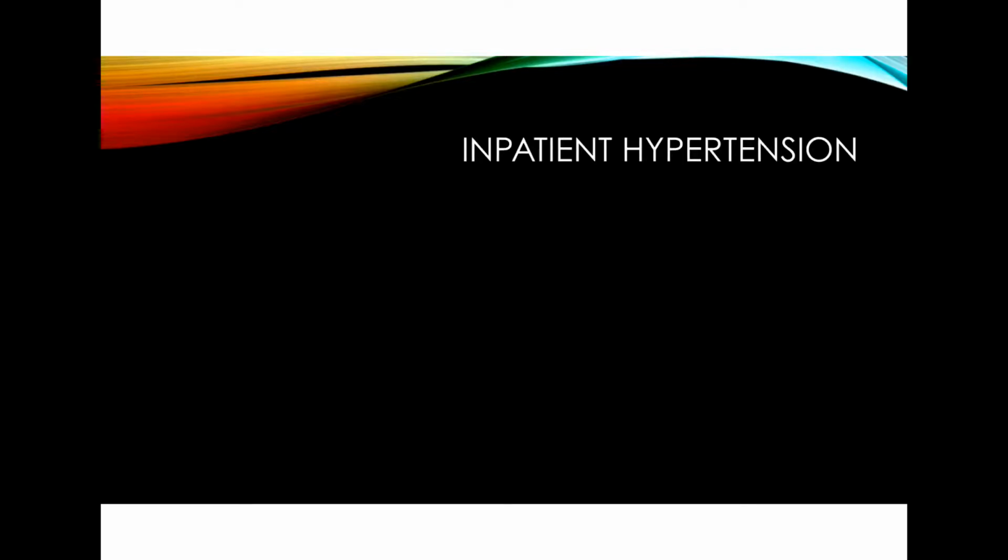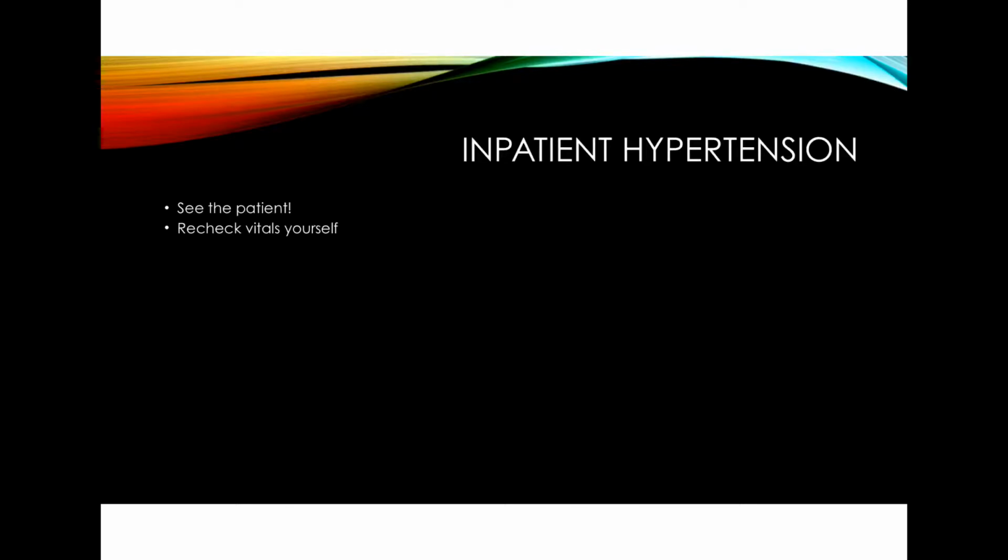Moving from outpatient to inpatient hypertension, we ask the question of what you can do as a doctor when your patient acutely becomes hypertensive in the hospital while they're admitted. Well, the first thing to do is to see the patient and recheck the vital signs yourself.